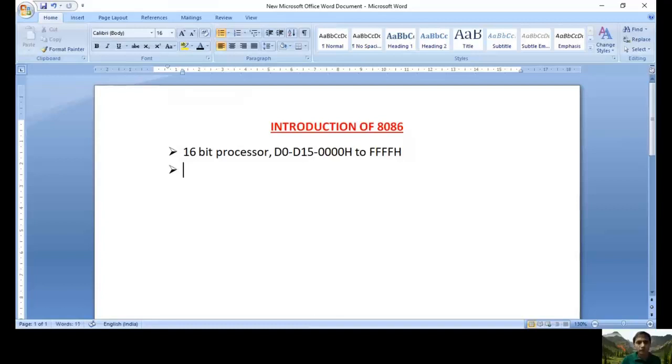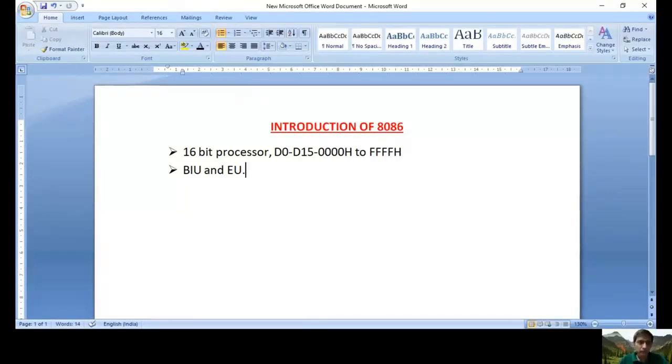Then the 8086 mainly contains two units. One is called the bus interfacing unit and the other is the execution unit. These two units are designed for 16-bit only, because it is a 16-bit processor.